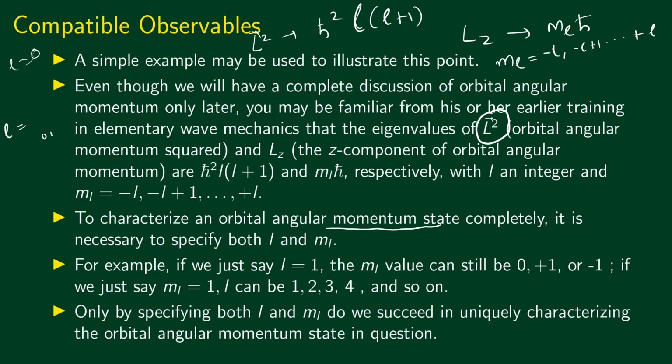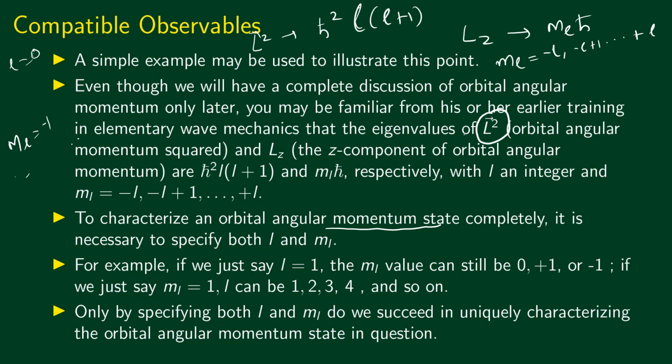On the other hand, if you say that ML is equal to -1, again the state is not completely specified, because L could be 1, 2, 3, 4, and so on. So one eigenvalue is not sufficient; you have to provide one more.